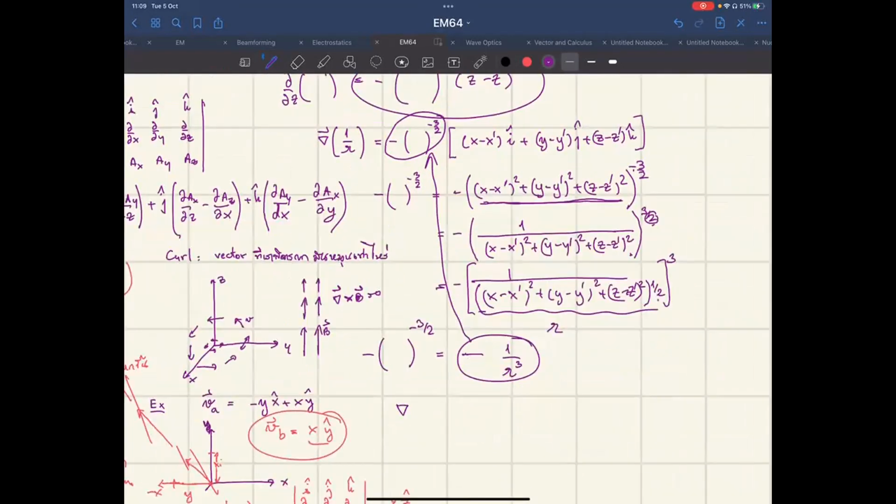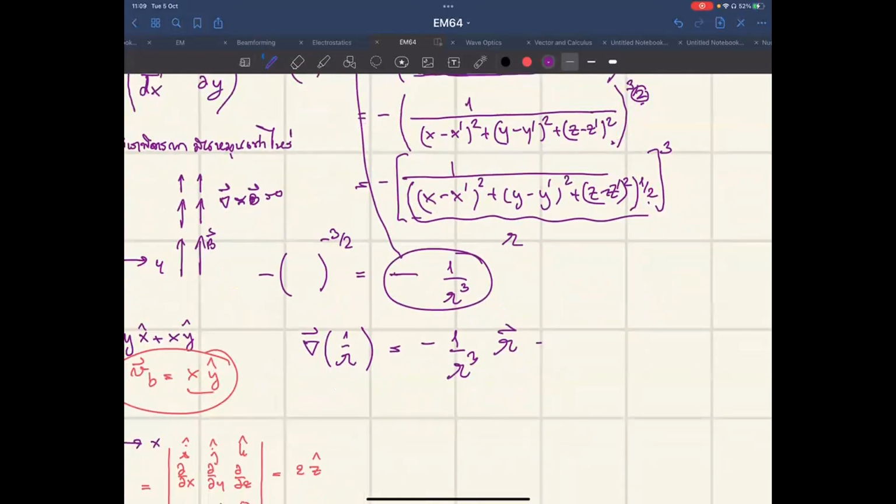We have gradient of 1 over r equal to minus 1 over r to the third. And the whole thing here is what? Oh, no, not this one. The whole thing here is r. Right? So we have this. Any questions?